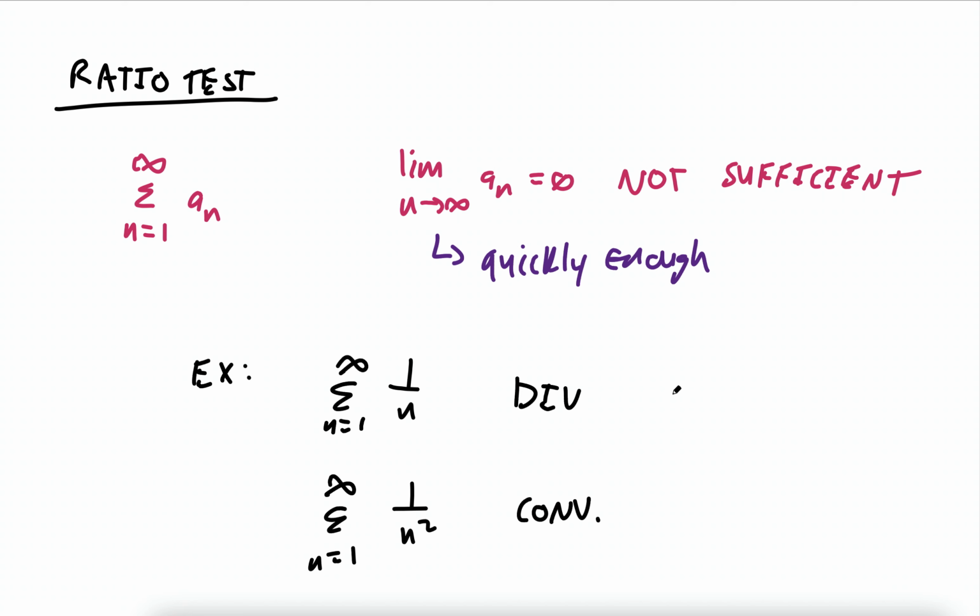Okay? So this leads us to the ratio test, right? We want to be able to determine how fast terms of a series are going to approach 0. The ratio test is going to provide a perfect and nice and neat way of measuring how fast those terms of a series are going to approach 0.